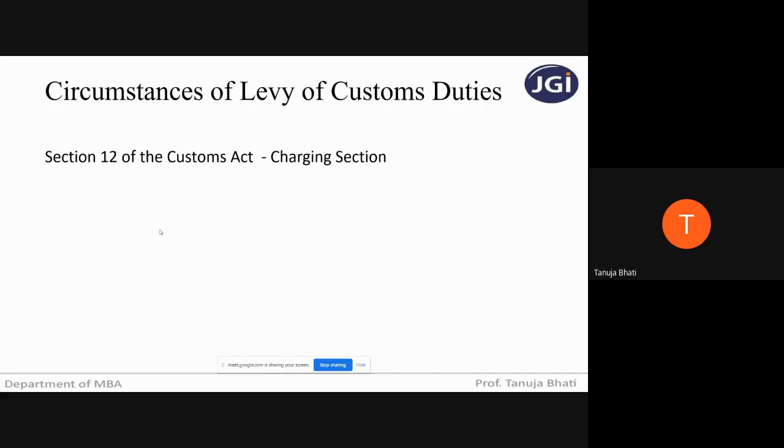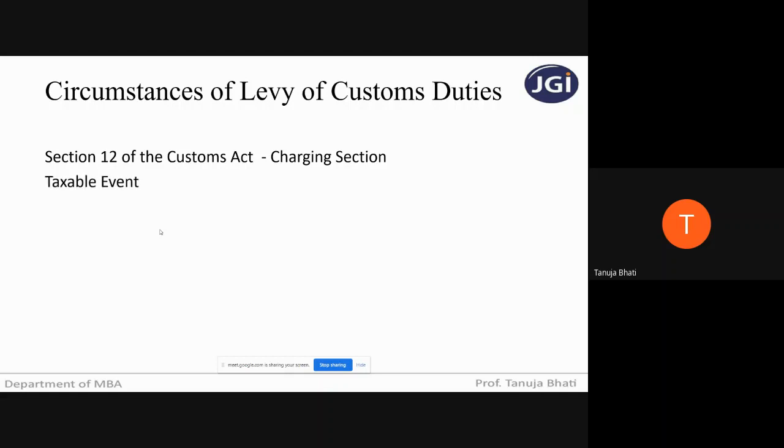Or suppose any ordinary person is taking it, he takes it to his home. If any manufacturer is taking it, he takes it to his particular business unit. So when it is cleared for home consumption, then the taxable event will arise only when the importation has been completed.